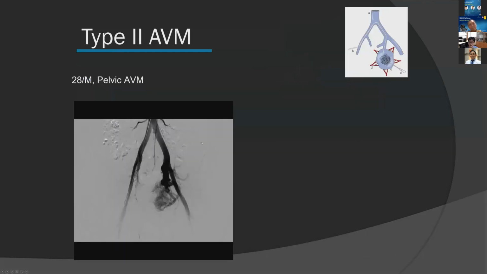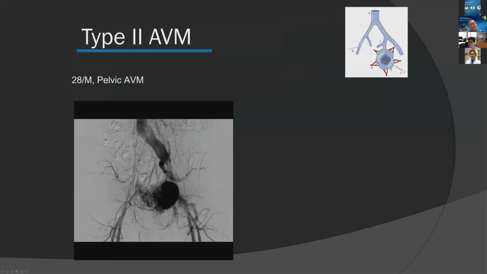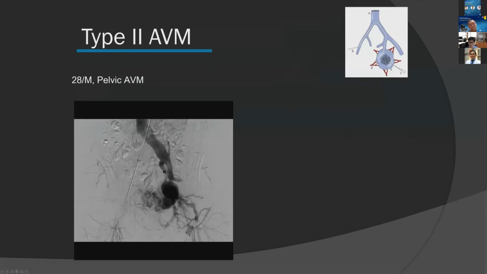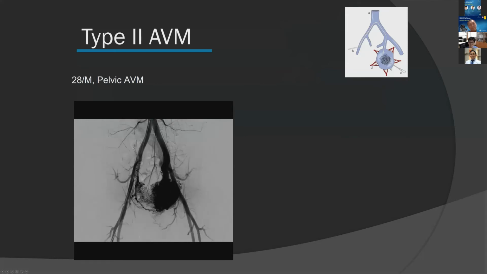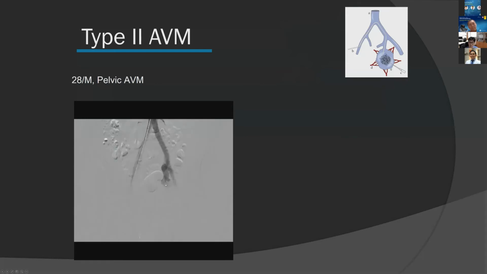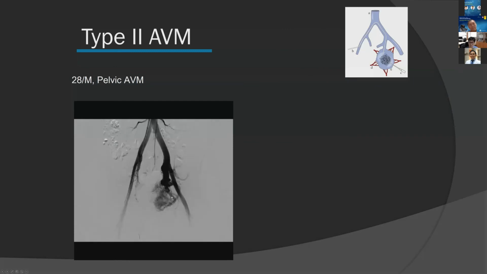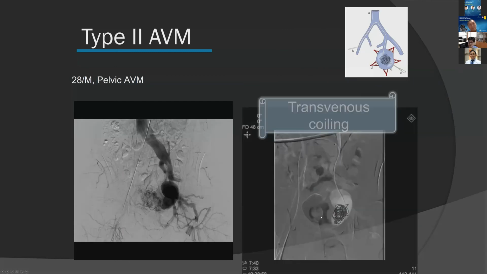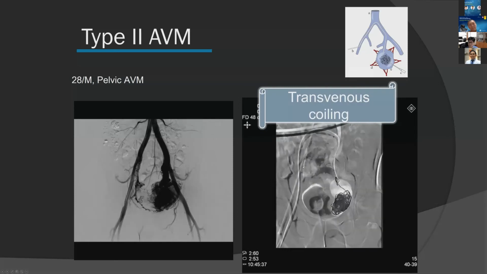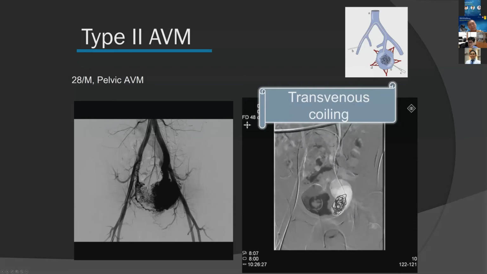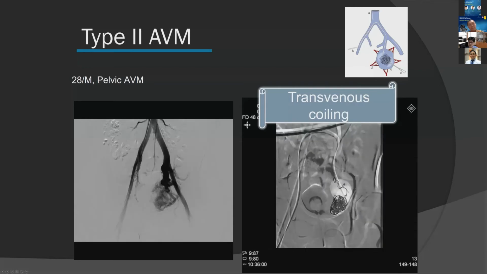So in this type, direct puncture or transvenous access are both possible, but through the angiography, you can see some connection between the internal iliac vein and the large venous sac. So I tried to insert the transvenous catheter and insert many coils in this patient in a single session.